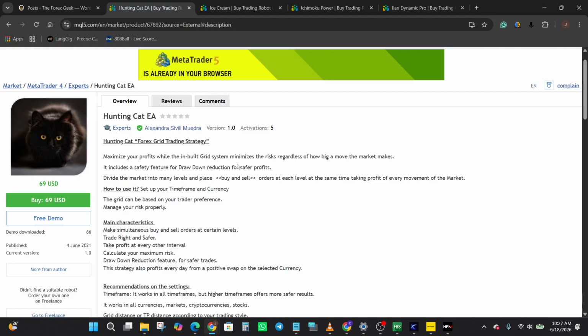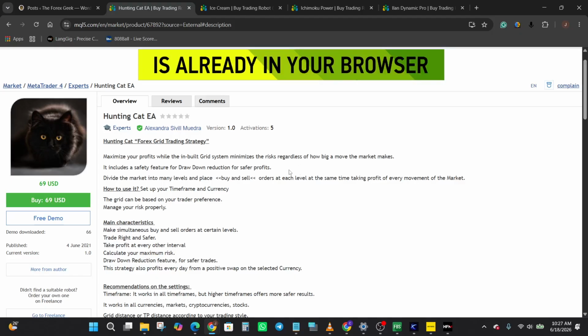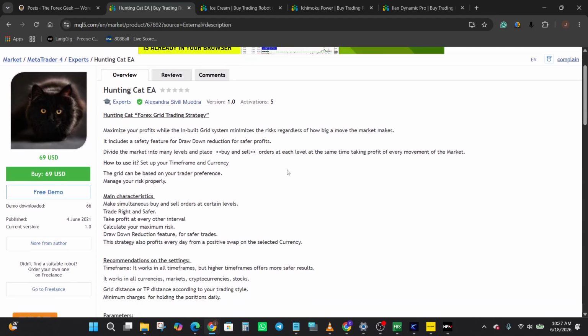According to the marketplace information, the goal is to take advantage of market movement in either direction while using an integrated drawdown reduction feature intended to help manage risk exposure. The developer also mentions that the EA can be configured according to the trader's preferences with flexibility around time frame selection, currency selection, and grid distance settings.